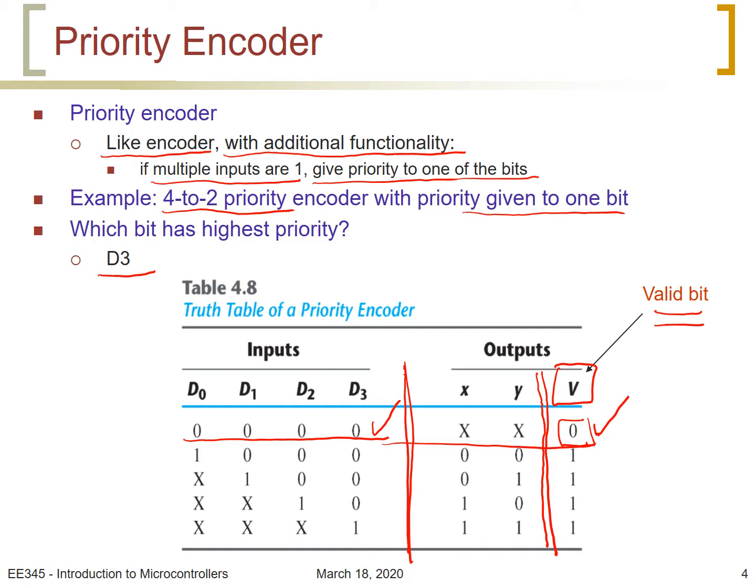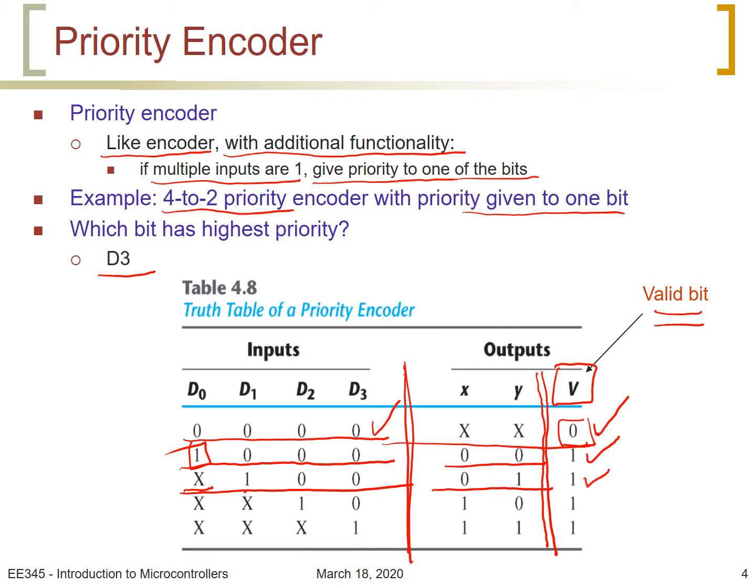However, if D0 is 1 and D1, D2, D3 are zeros, X and Y will be zeros, and this output is valid because we have one input that is 1. But when we have D1 is 1, we don't care about the value of D0 because D1 has priority over D0, and the output will be 0, 1, and it is a valid output, of course.